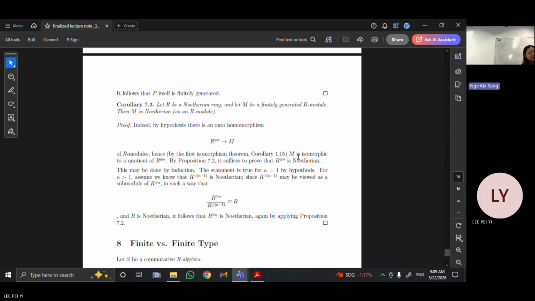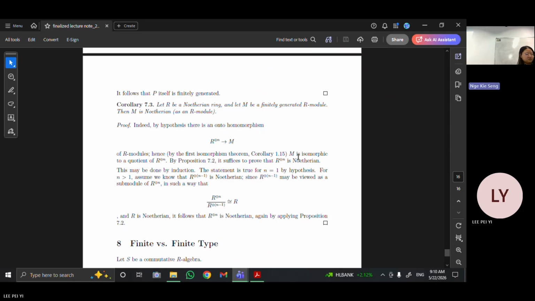Since M is finitely generated, there exists a surjective homomorphism R^n to M, and by the first isomorphism theorem, M is isomorphic to a quotient of R^n, and so it's sufficient to prove that R^n is Noetherian. And this is done by induction on n.